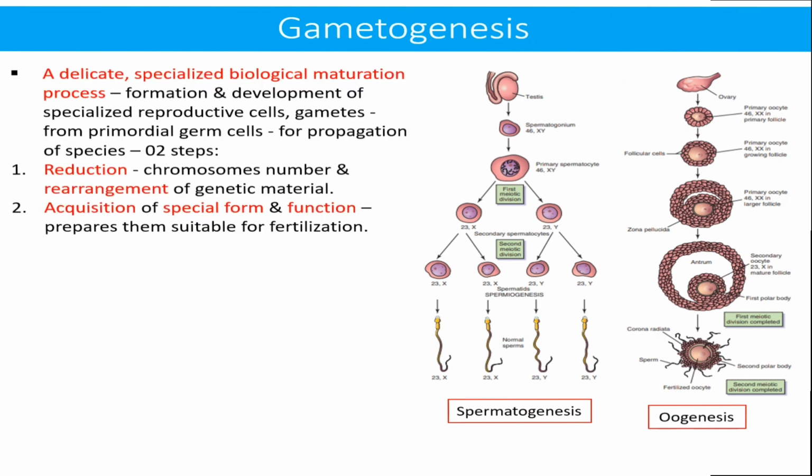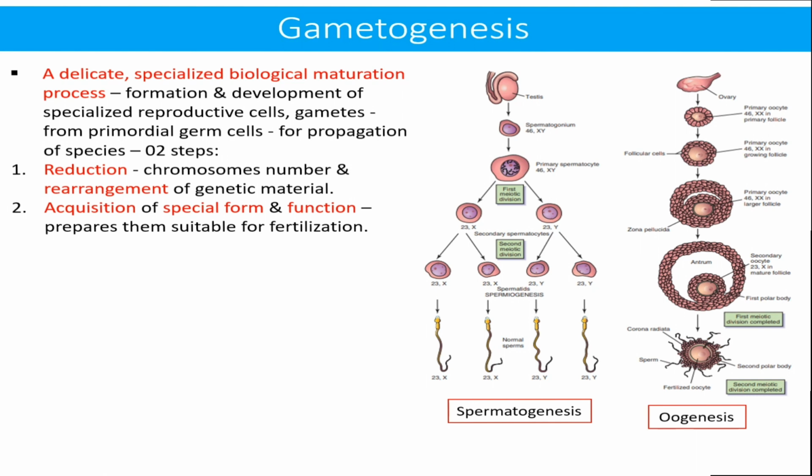Now, gametogenesis. It is a delicate, specialized biological maturation process in which the formation and development of specialized reproductive cells, that is gametes, are obtained from the primordial germ cells. This process is mandatory for the propagation of species and is accomplished in two steps.